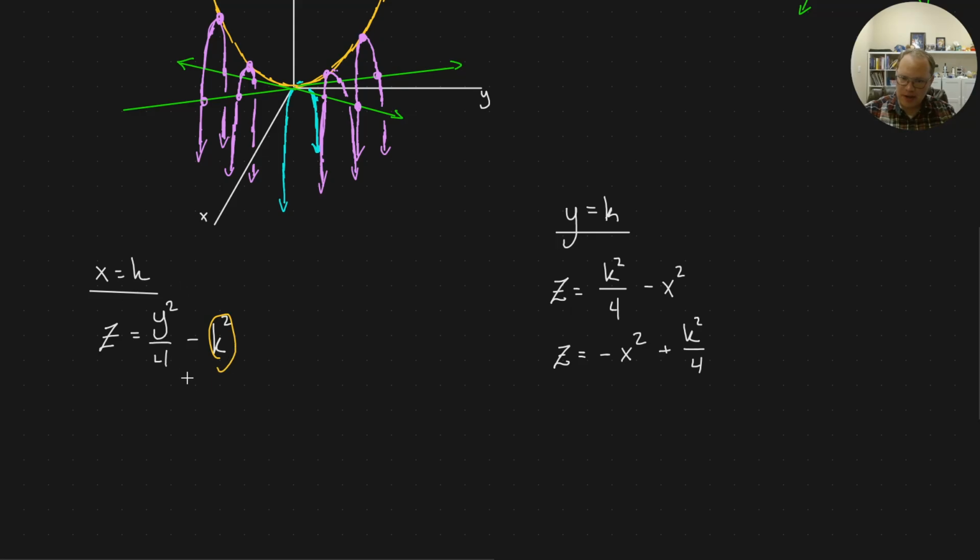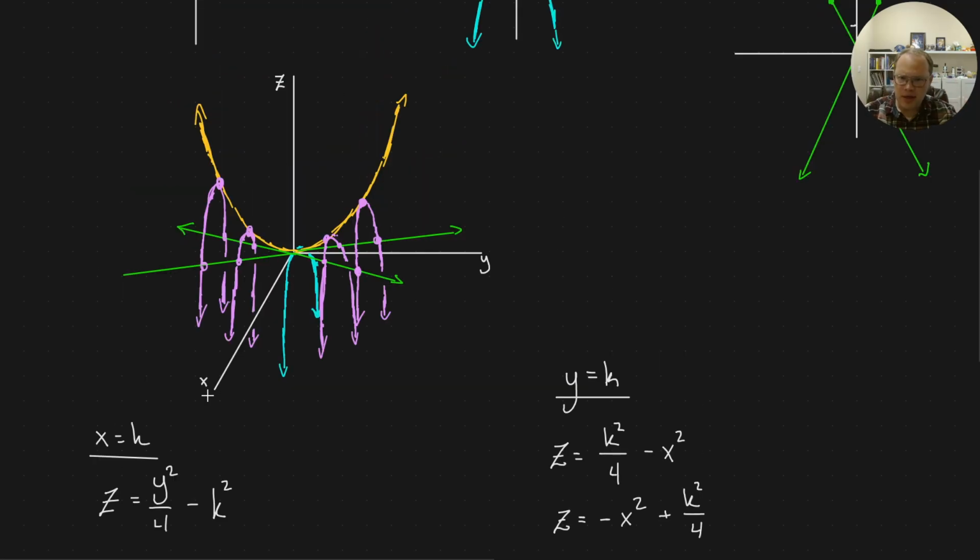As x gets more positive or more negative, this gets bigger, and so I'll be subtracting a bigger and bigger number. That's going to shift the parabola down so it's lower on the z-axis. I don't know if I want to draw it here because it'll look too busy, but it's still the same parabola opening up. Now I'm hitting all these points as x gets bigger, as I go further in this direction, and as I go further in this direction.